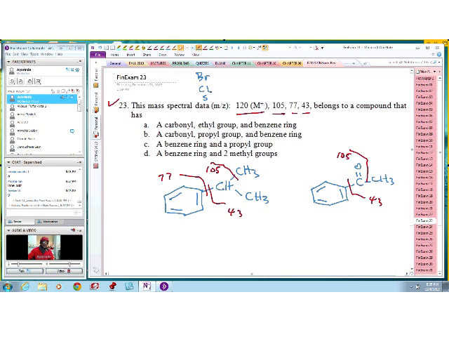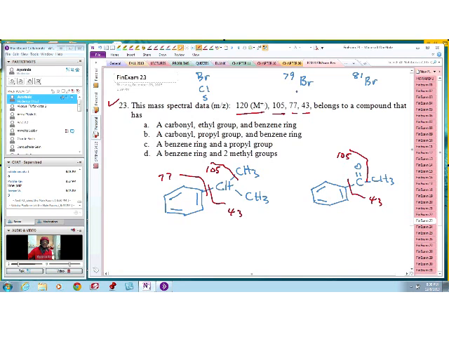And how does that work? If you take a look at nature, let's take, for example, bromine. We have two major isotopes of bromine in nature. We have what we call bromine 79, and then we have what we call bromine 81.